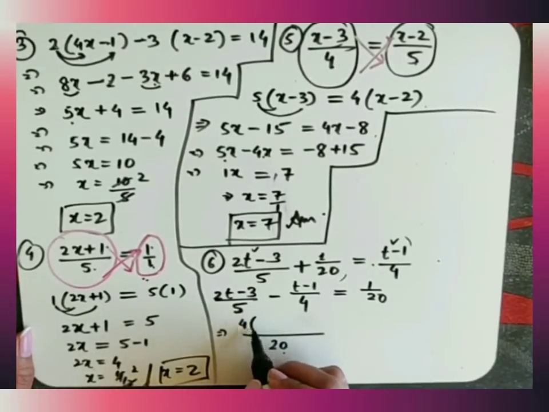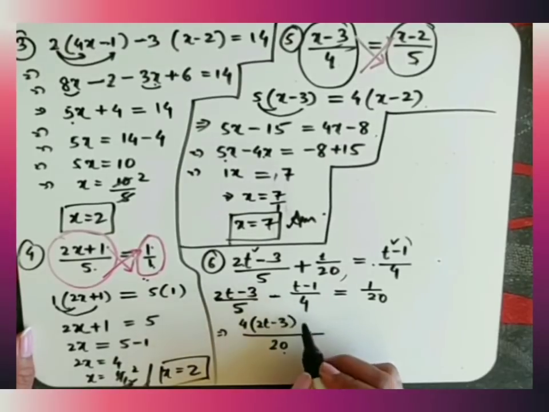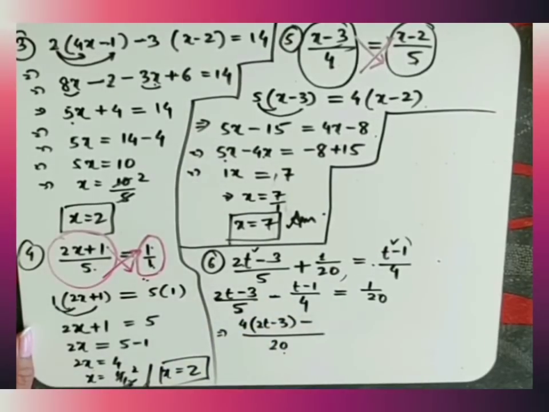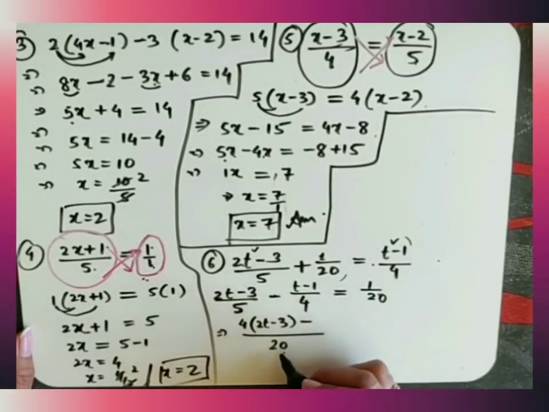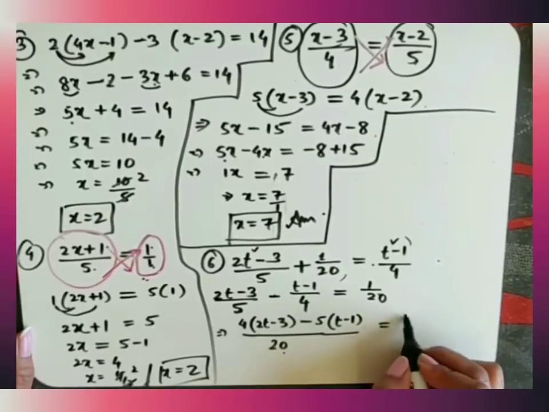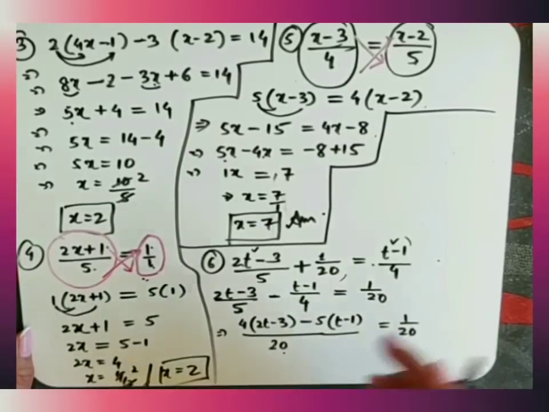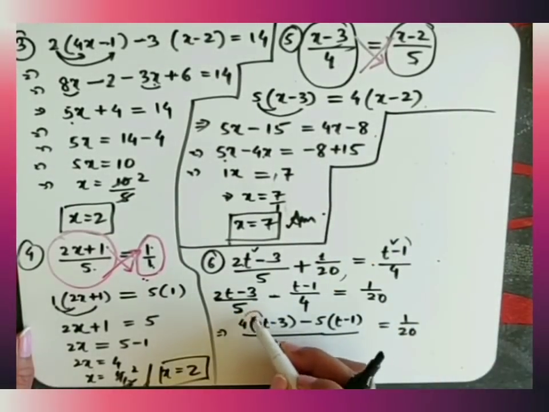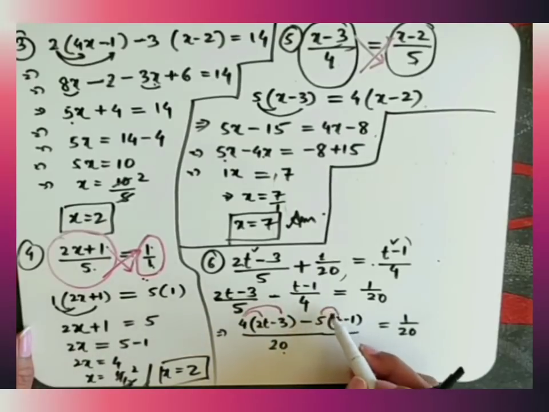That 4 will multiply by 2t minus 3, and give this minus sign. Now in the second fraction you have 4. 4 multiplied by 5 will give you 20. So that 5 will multiply by t minus 1, equal to 1 over 20. Now multiply this and open the bracket here as well.